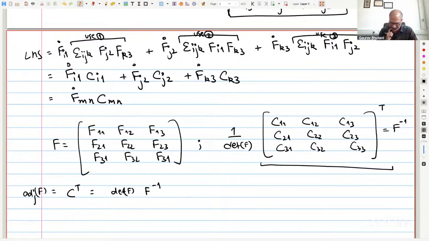We don't have to go into too much detail of that, but one of you had questions about it. So this is that C transpose that we have here.